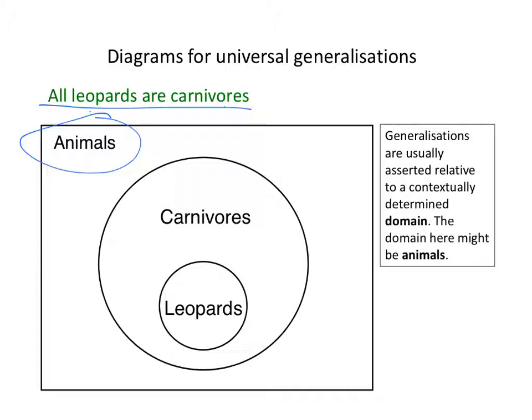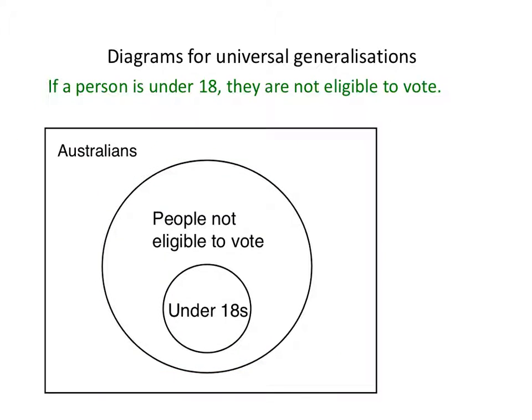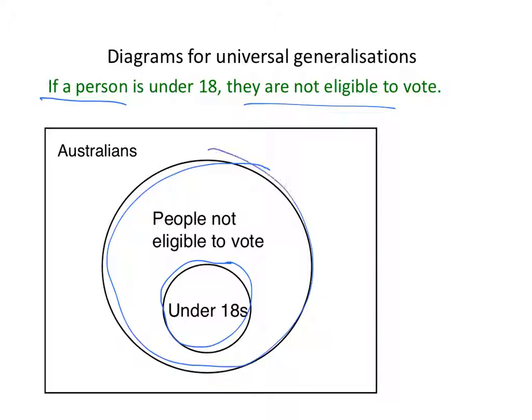So we can represent that on these diagrams by surrounding our two circles with a big box and labelling that animals, or whatever the relevant domain happens to be. Here's some more examples. So for this generalisation, written in conditional form, if a person is under 18, then they're not eligible to vote. Everyone who's under 18 is a person who's not eligible to vote.